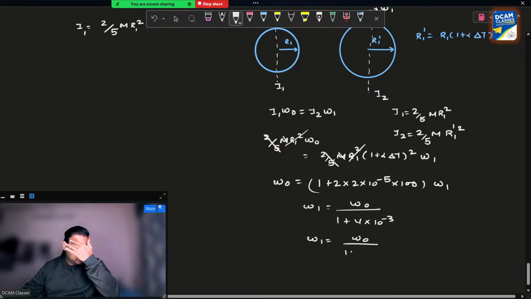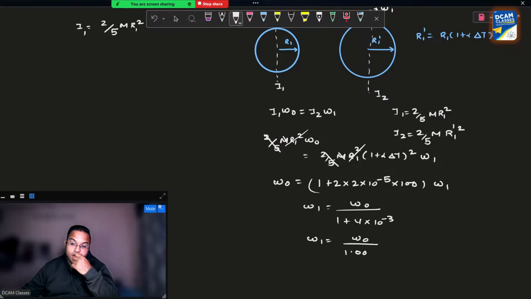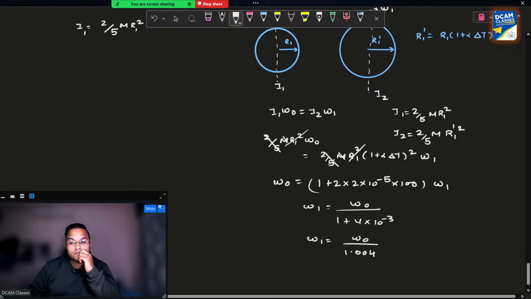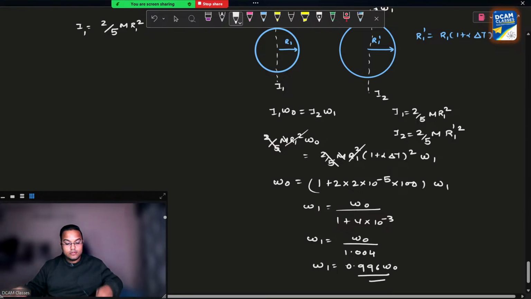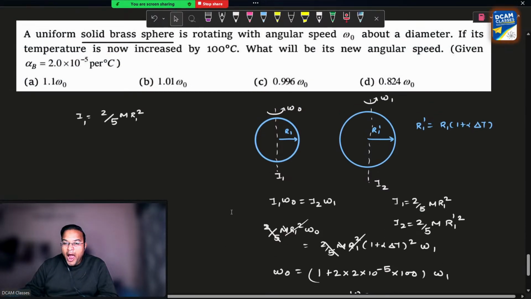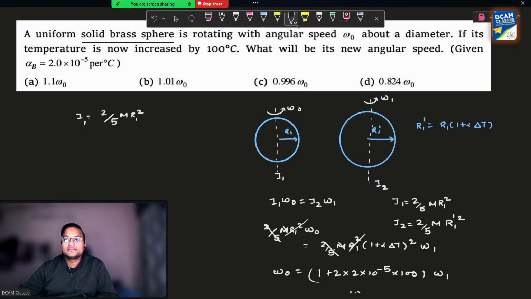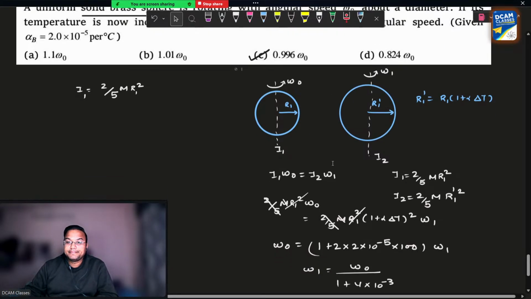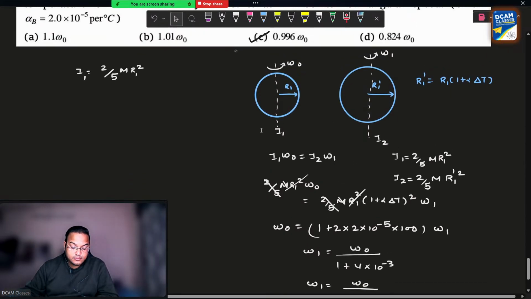One point 004. This will be 0.996 omega naught. Understood, Haripriya? Kanishka?